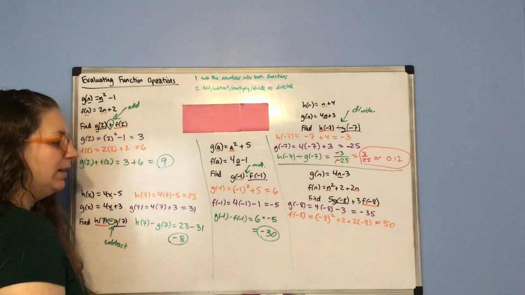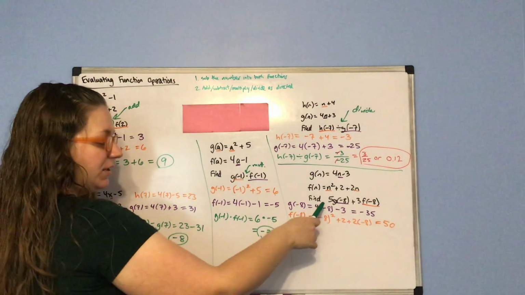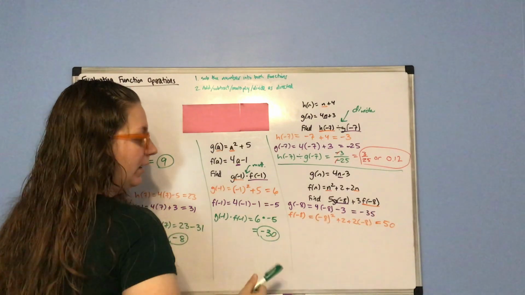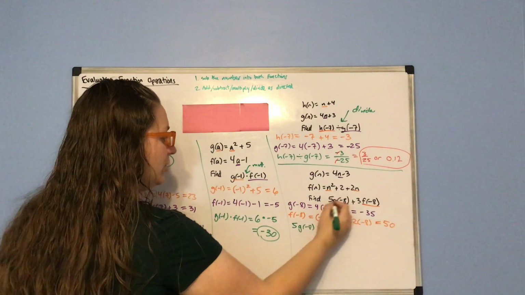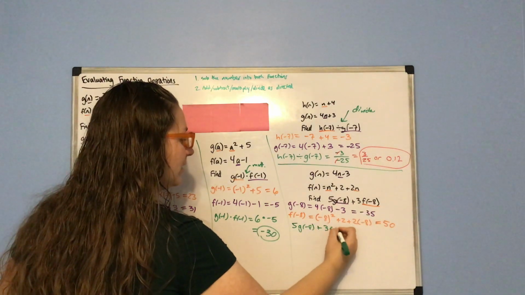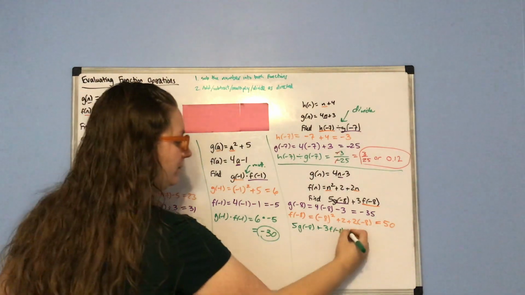All right, now, most of these have just been add, subtract, multiply, divide. Notice that we have 5 g of -8 plus 3 f of -8. So to answer that question, instead of g of -8, I'm going to put my g of -8 answer. Instead of f of -8, I'm going to put my f of -8 answer. This is a linear combination since we see numbers in front of both.